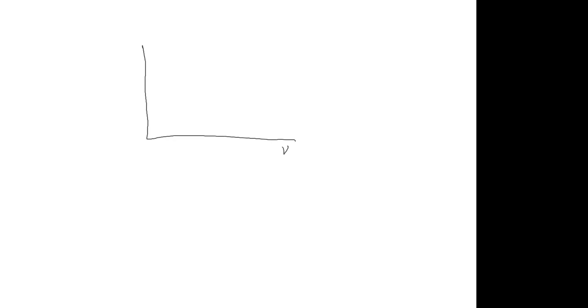So put nu E, psi E of nu E, nu I. Again, this is a 45-degree line, nu E equals nu E. And now we're going to write our first picture is this. So this is nu I equals 0.